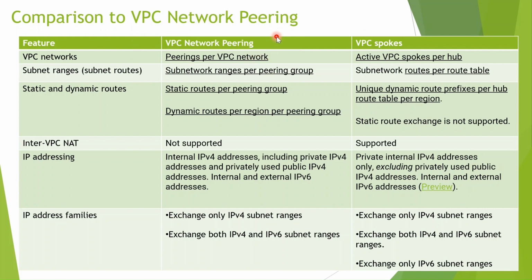If you have a very simple setup like two or three VPCs and you don't want to use Network Connectivity Center, you can basically use VPC network peering. And these are some comparisons. You can read them by pausing the video, like which addresses it supports and all that. I'm not going through all of this, but you can check it out.